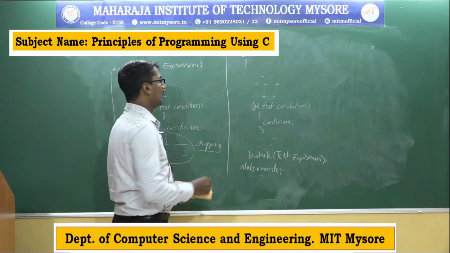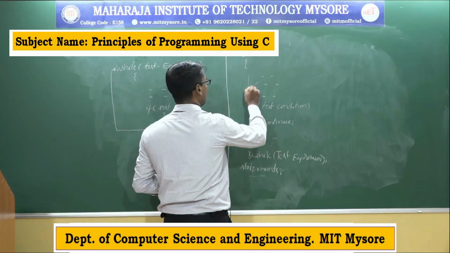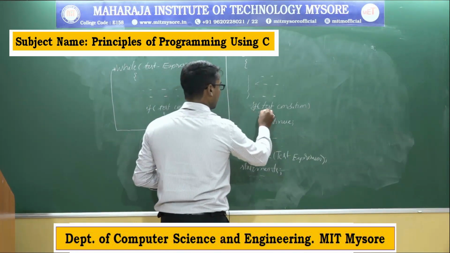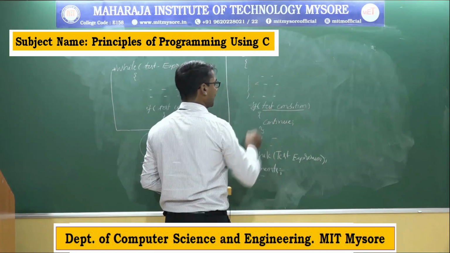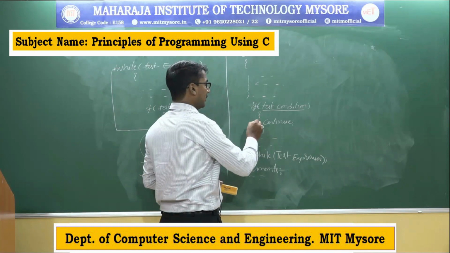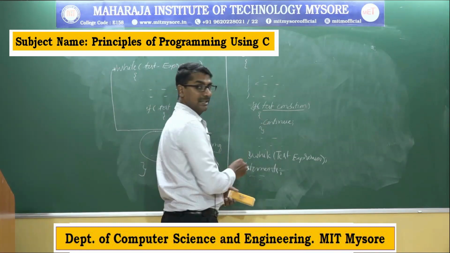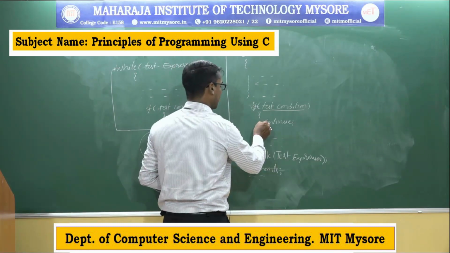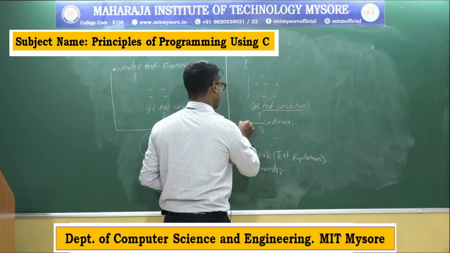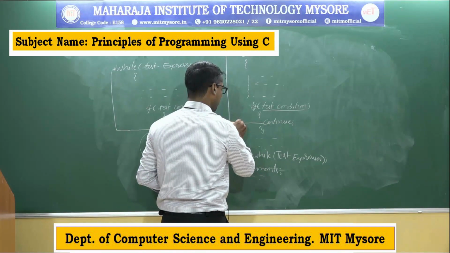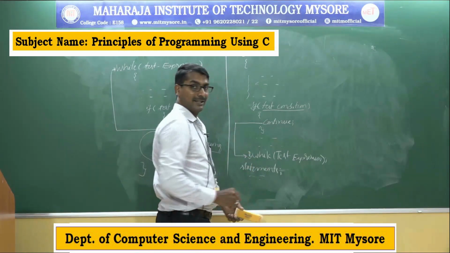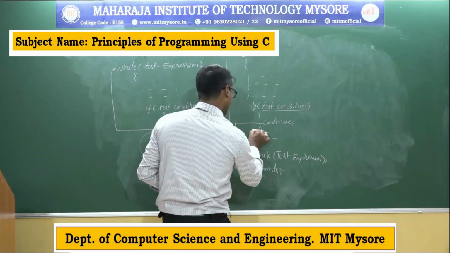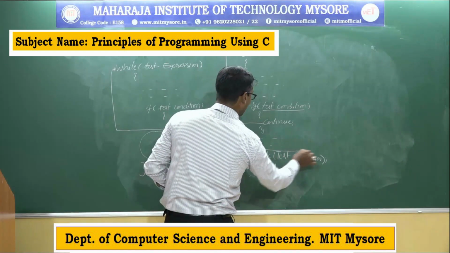Here in the do while statement, it will execute the sequence of statements, then check the condition. If the test condition is true, it invokes the continue statement. Once it executes the continue statement, the control is transferred to the while statement by skipping the remaining statements.